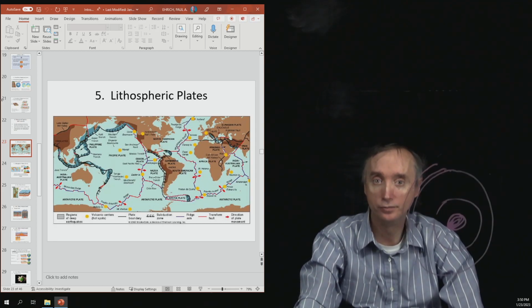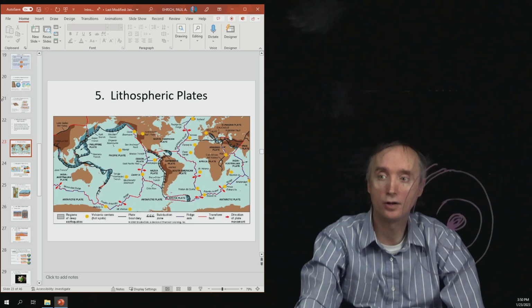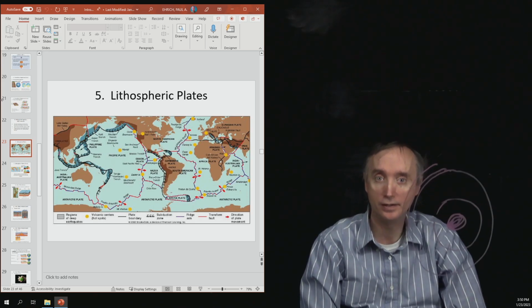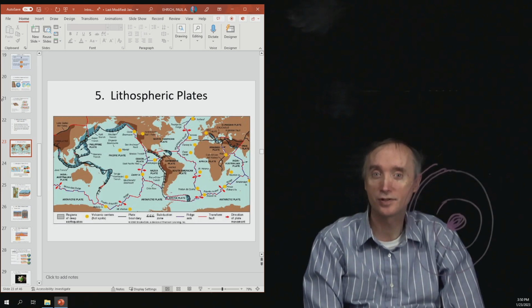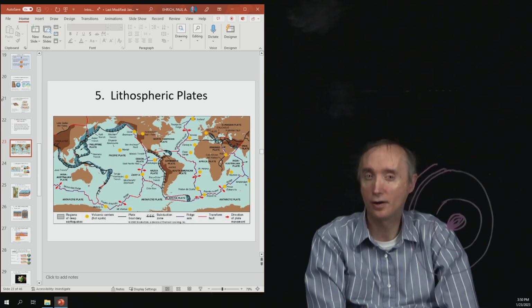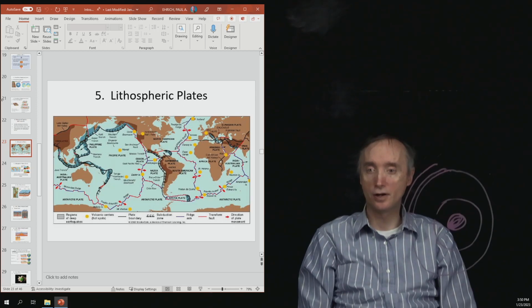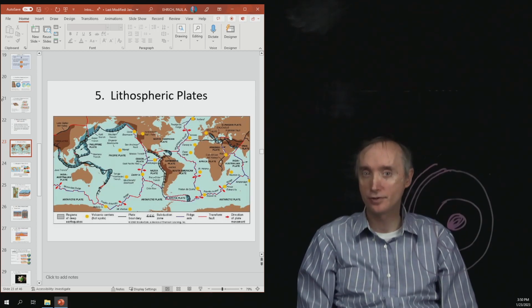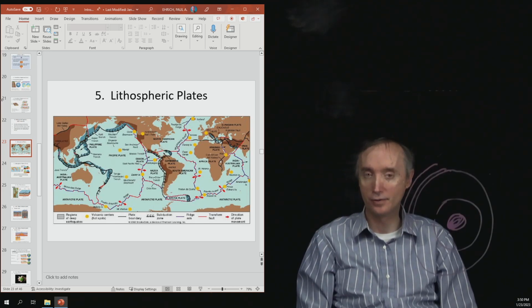Well, that one is called a passive plate boundary. Notice that there are no heavy-duty mountains on the eastern coast of North America, with the exception of the Appalachian Mountains. Well, they don't count because they're basically dead mountains. We'll find out later what caused the Appalachian Mountains.